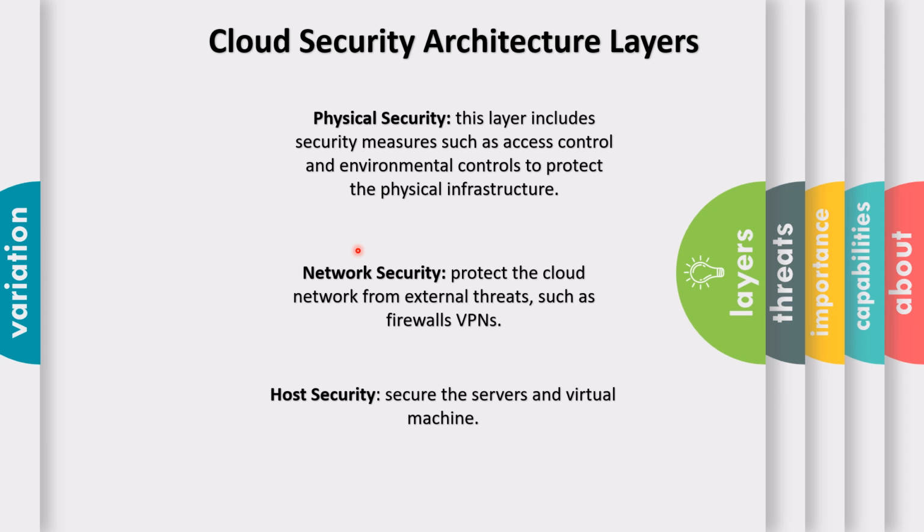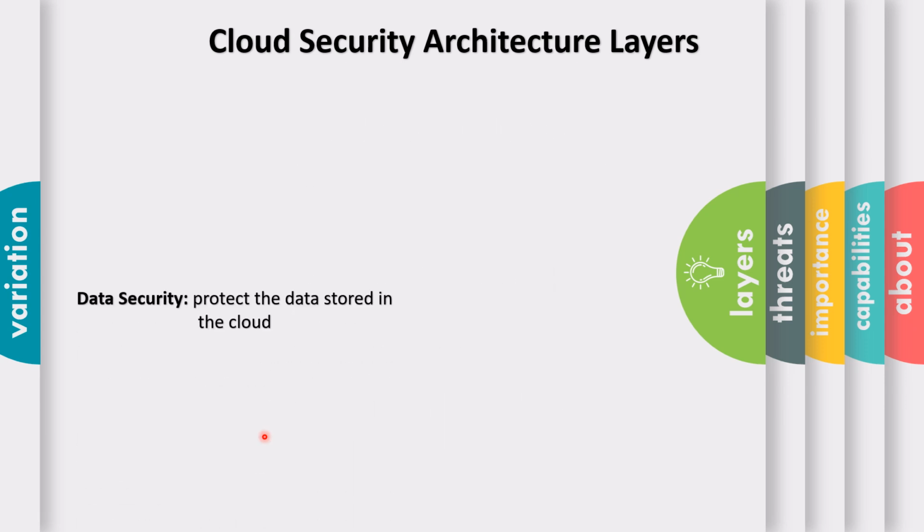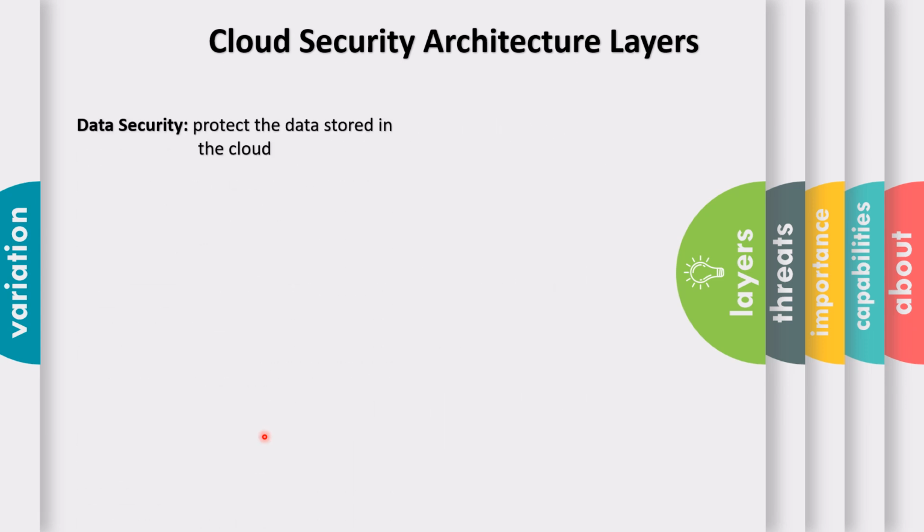Then we have network security. Network security focuses on protecting the network that connects to cloud services and systems, ensuring that only authorized traffic can pass through and malicious traffic is blocked. Then host security secures the servers and virtual machines. Then we have data security.